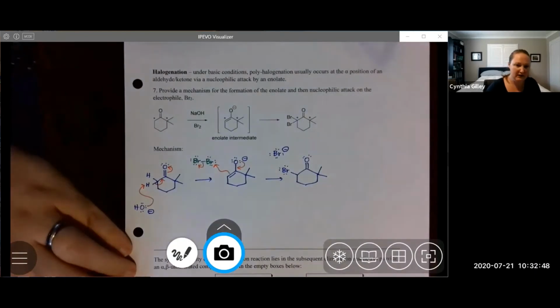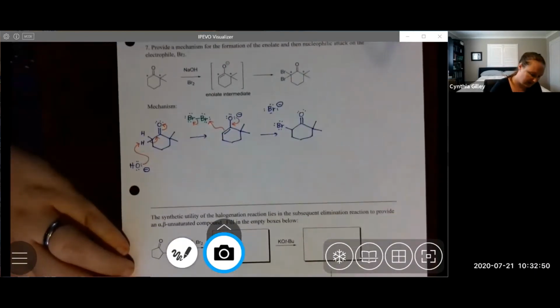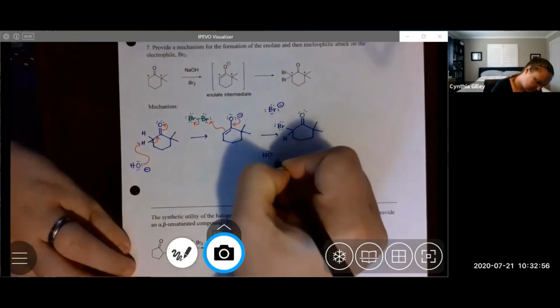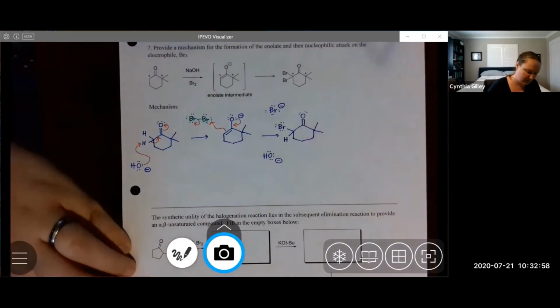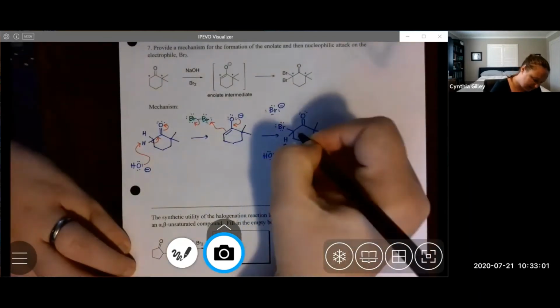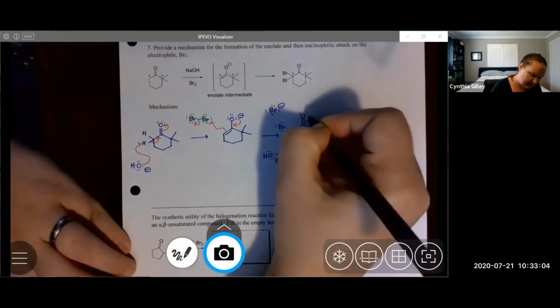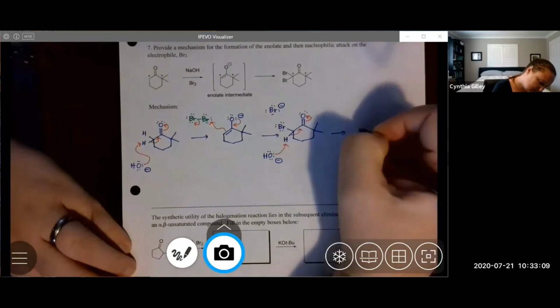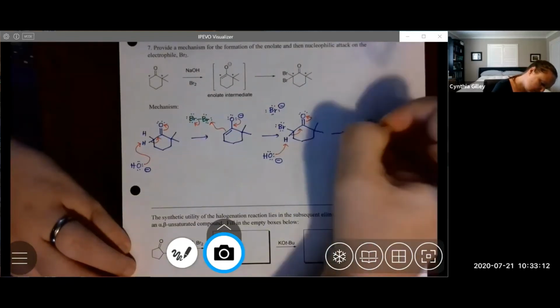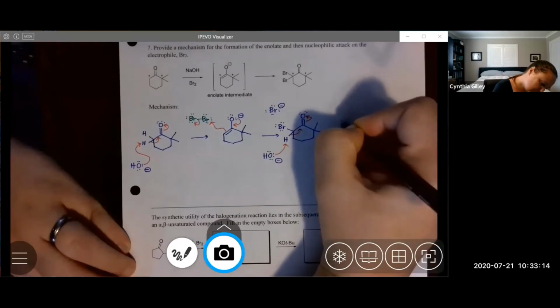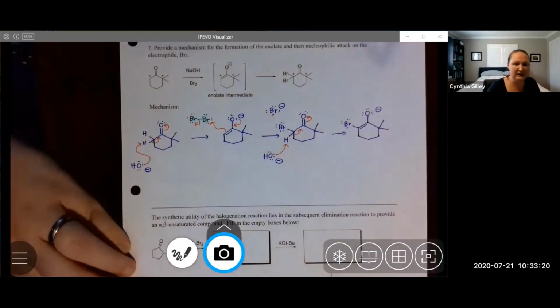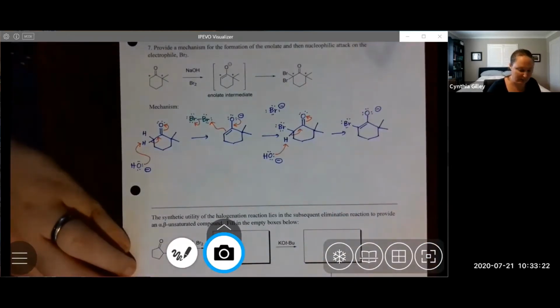And then basically we go through this process another time, right? So there's still one hydrogen here. And so we can do the formation of the enolate and the attack on the electrophile again. And this will happen repeatedly for as many hydrogens that are available at the alpha position to deprotonate.